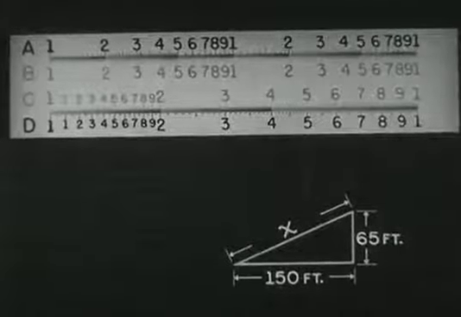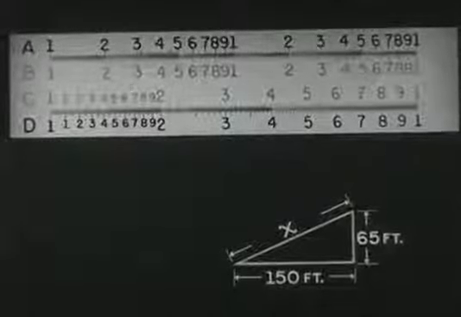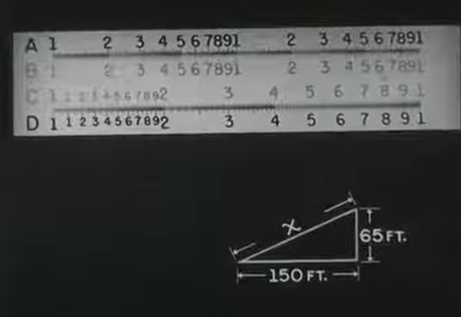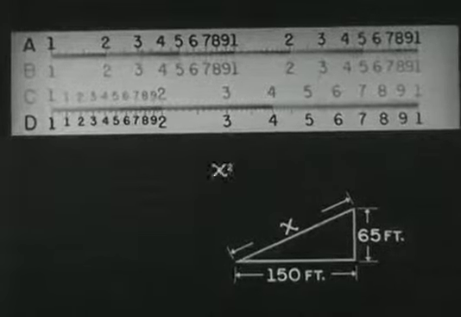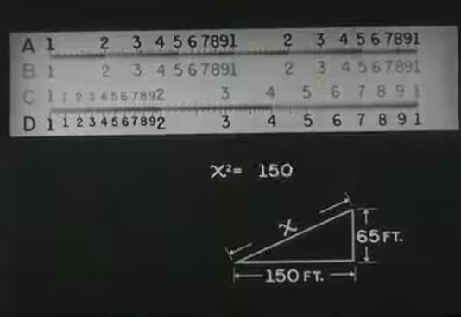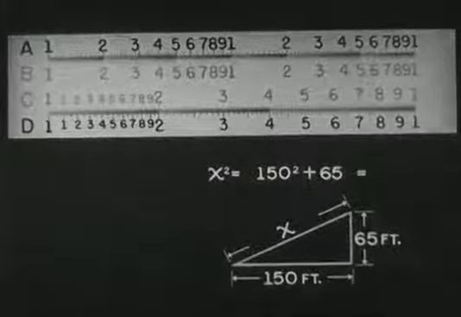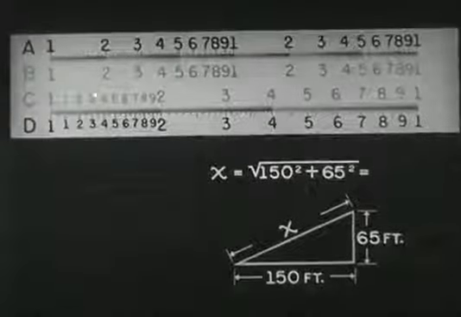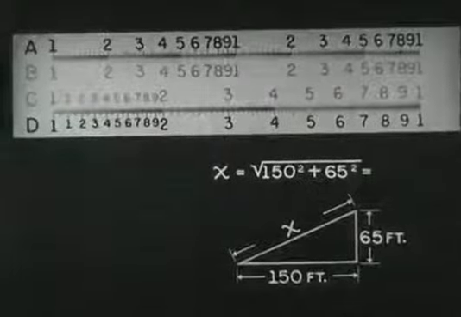We know that the square of the hypotenuse of a right-angled triangle is equal to the sum of the squares of the other two sides. In other words, x squared equals 150 squared plus 65 squared. Then, x equals the square root of the sum of 150 squared and 65 squared.